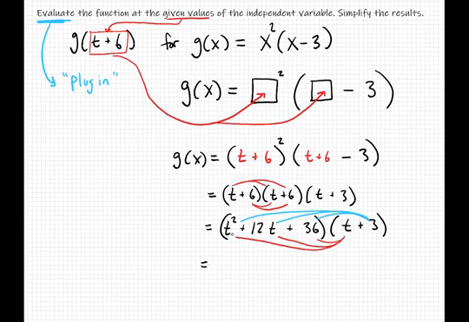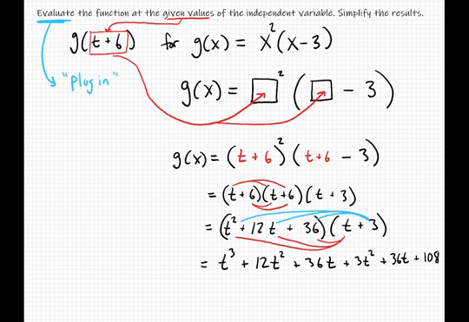Multiplying through by t, that should be t to the third power plus 12t to the second power plus 36t. Then we multiply everything by 3. So that's 3t squared, 3 times 12 is 36, and 3 times 36 is 108.